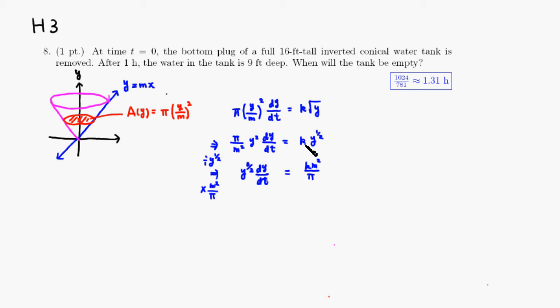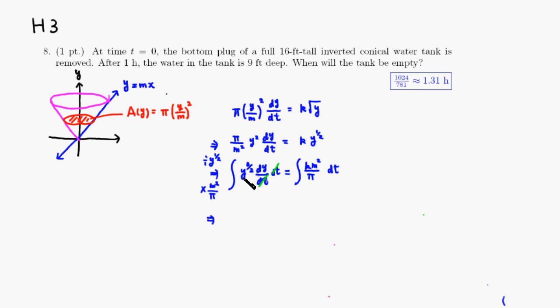Then we can just take the antiderivative, the integral with respect to t. We can cancel dt here and dt there.